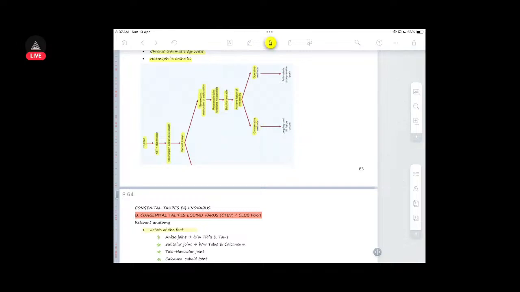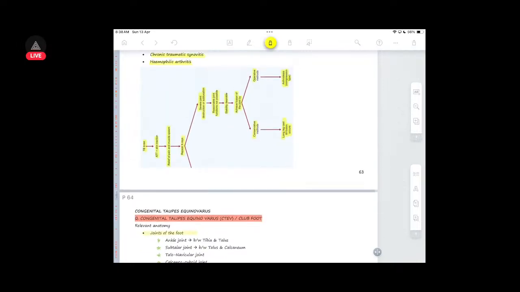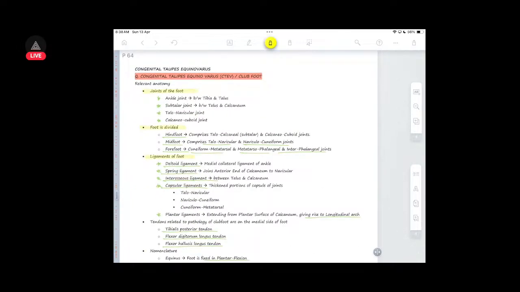Operatively you do arthrodesis, which is compression type, and conservatively you do long leg cast till fusion occurs. Of course, if joint mobility is normal, then you provide mobilization and achieve mobilization as early as possible.